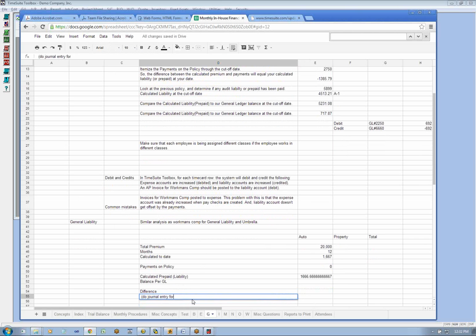Debiting expense, and crediting liability.